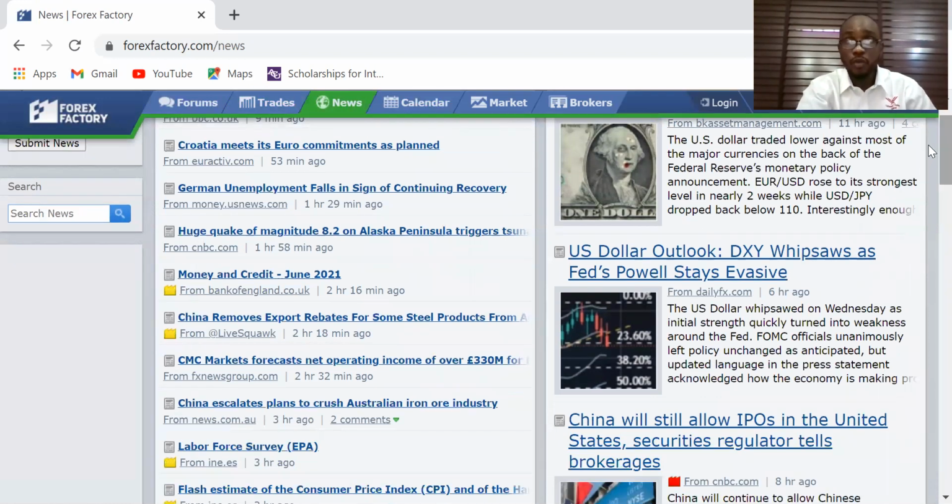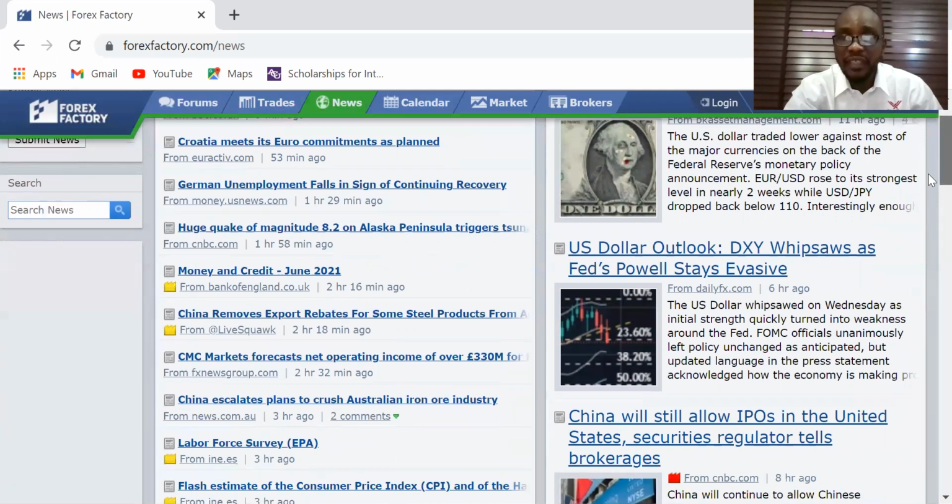World leaders, not just the presidents of the world. We're talking about leaders in the World Bank, all those important institutions of the world that make decisions that affect the forex markets. So you get to look at all of them here.